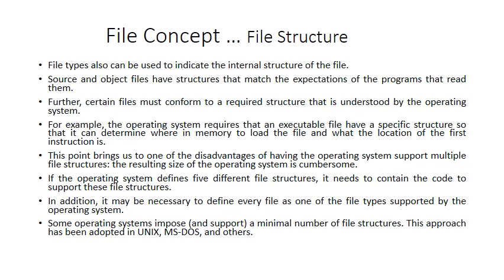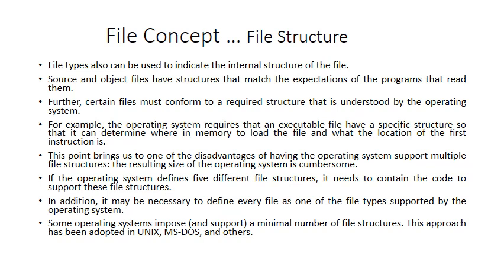This point brings us to one of the disadvantages of having the operating system support multiple file structures. That is, the resulting size of the operating system is cumbersome. It is huge because it has to have the information about all the different file structures. If the operating system defines 5 different file structures, it needs to contain the code to support these different file structures.